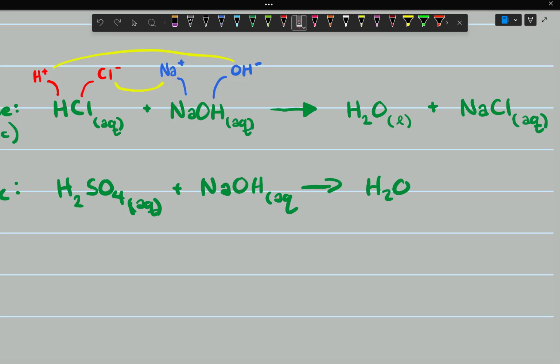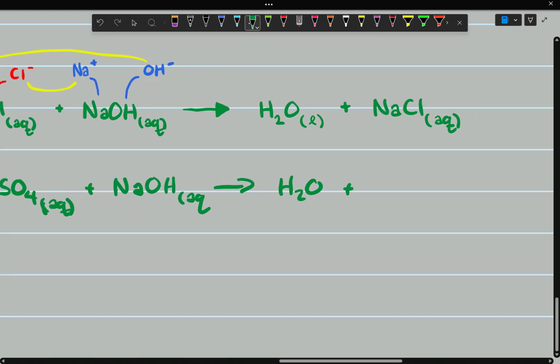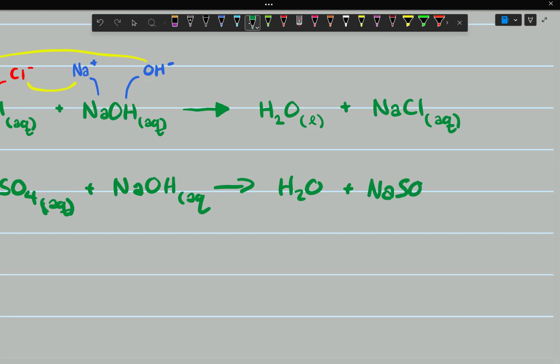We know that sodium has a charge of +1, and if you know your polyatomic ions, this SO4 is a -2 charge. So the salt that's created in this diprotic reaction is Na2SO4.